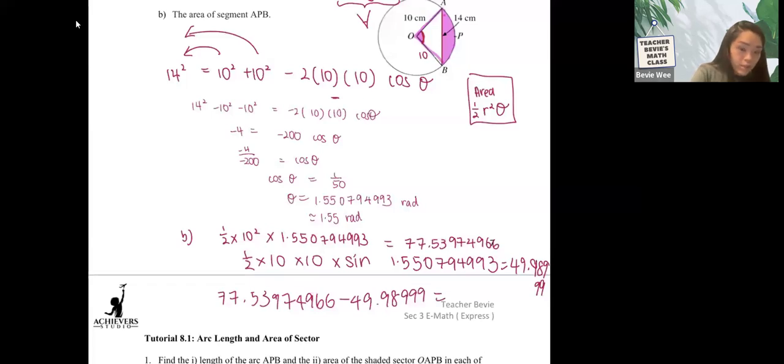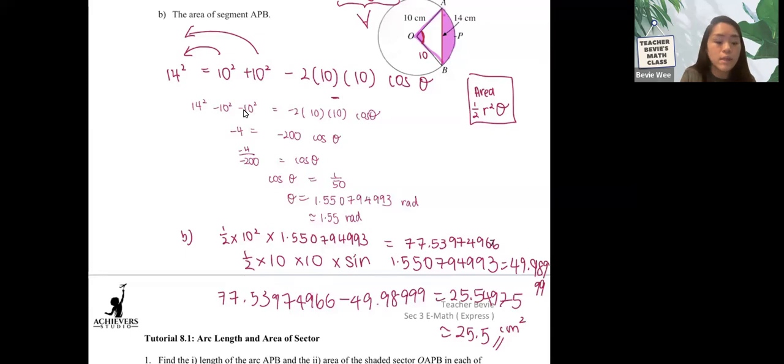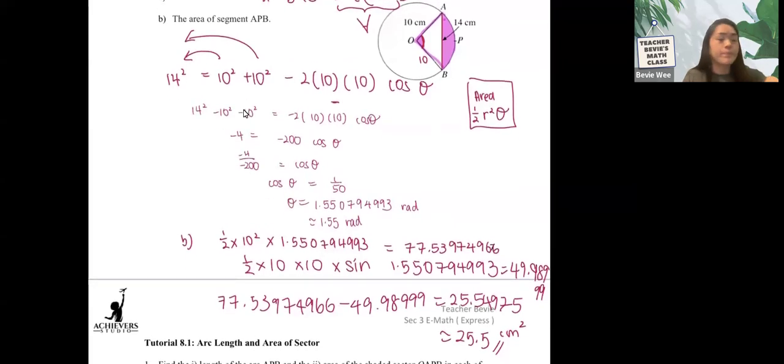Please try, because this one in radian mode, you need to know how to press your calculator. And you will round it off to 3SF again. This is 25.5 units of this area of sector. It's cm square. Segment, sorry, not sector.